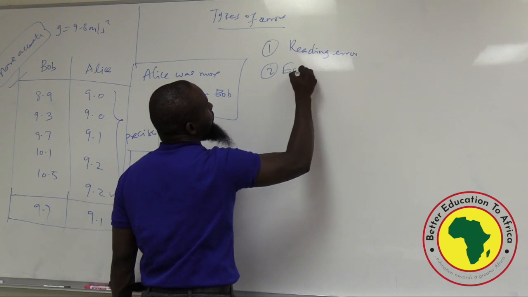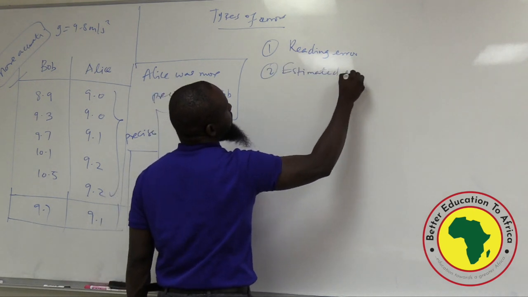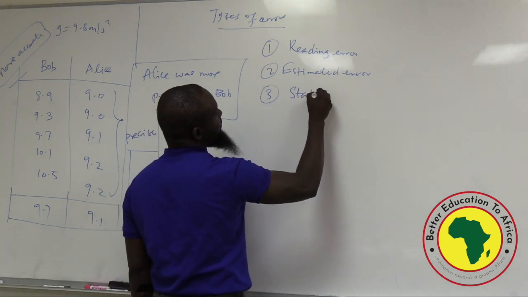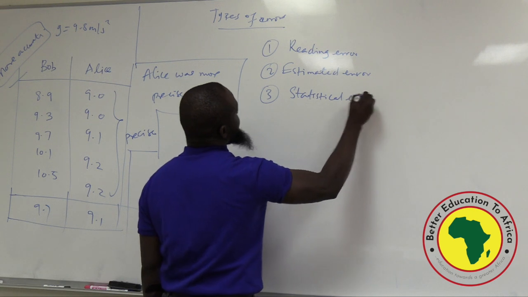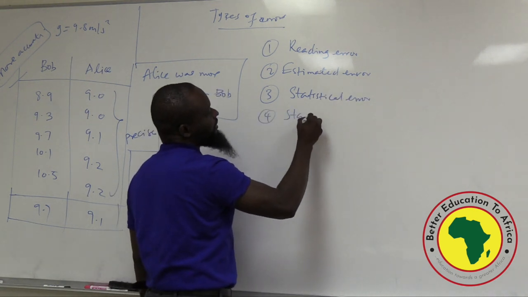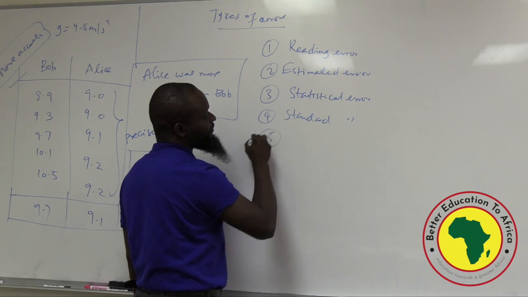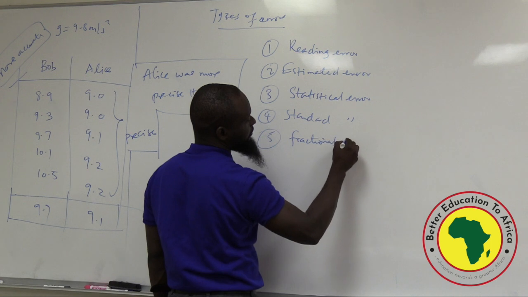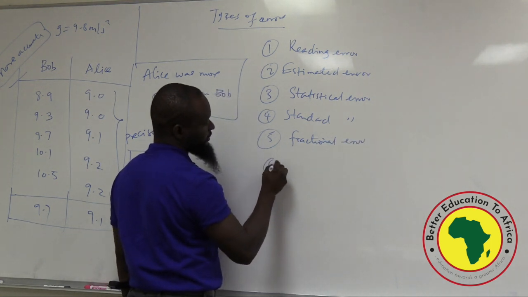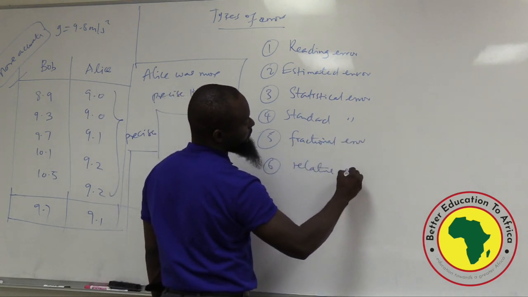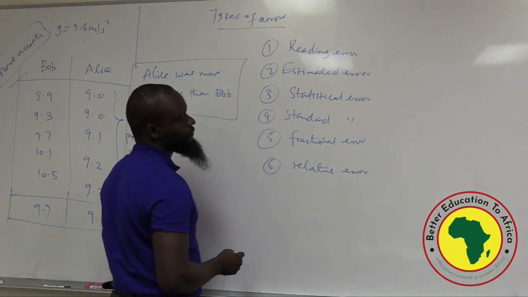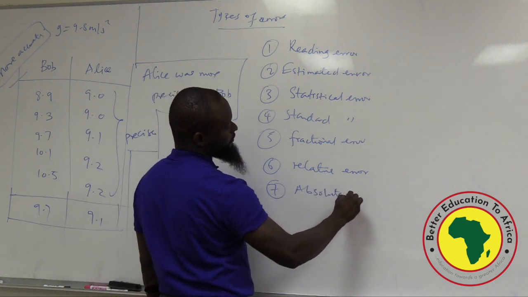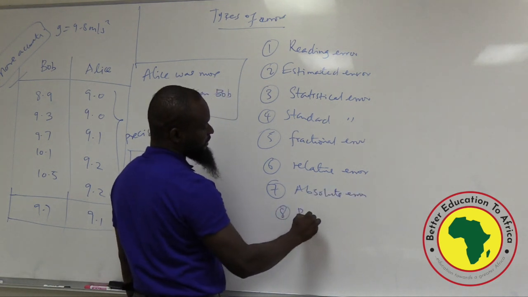Number 2, estimated error. Number 3, statistical error. Number 4, standard error. Number 5, fractional error. Number 6, relative error. Number 7, absolute error. Number 8, percentage error.